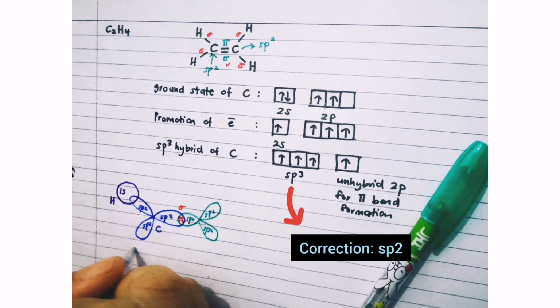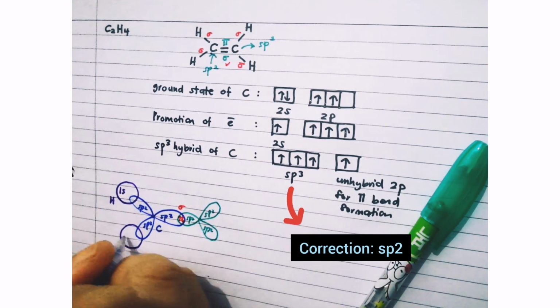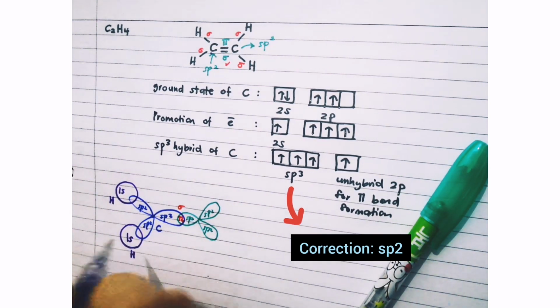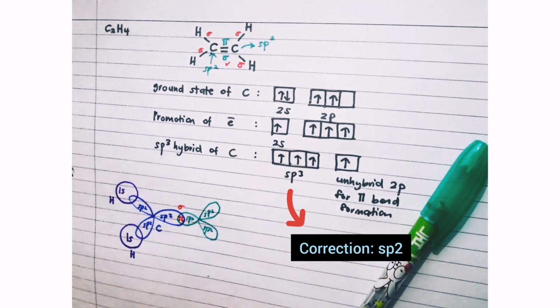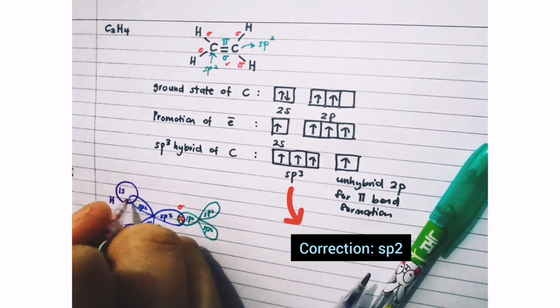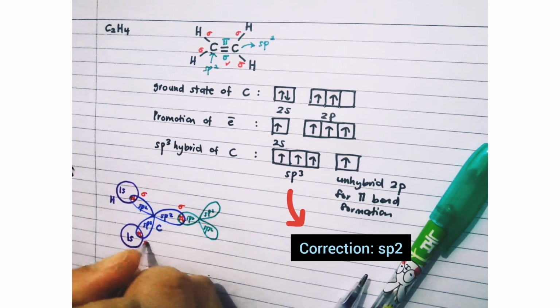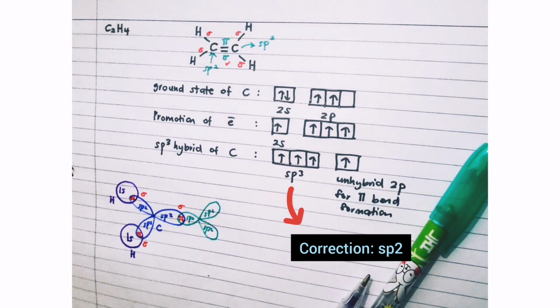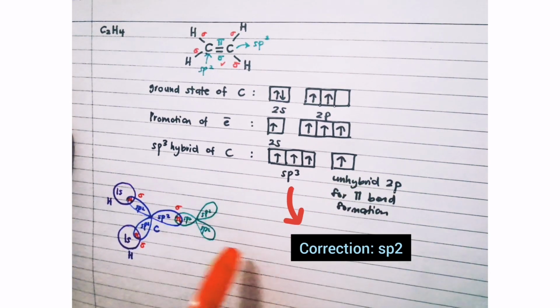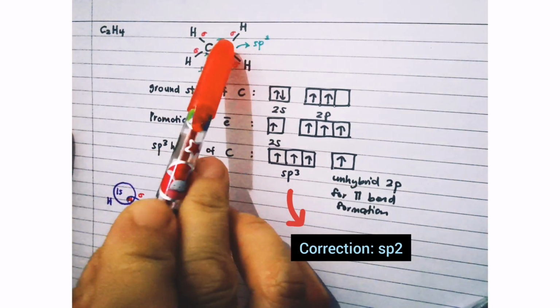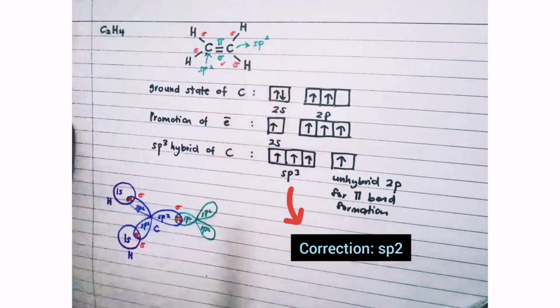The same goes for the second sigma bond: 1s of H overlaps end to end with sp2 of carbon. So label the electron and label the overlap, the type of bond. We go to the next sigma bond between C and H here.